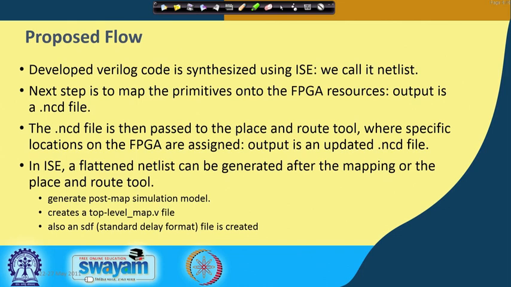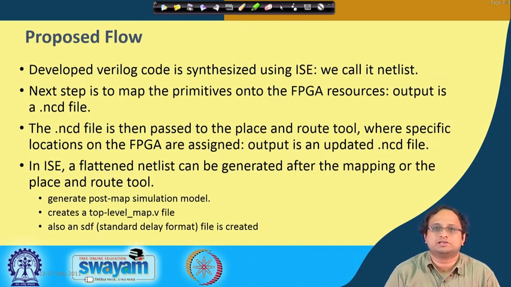The idea is that first we develop Verilog code for our design. We synthesize the Verilog code using the ISE tool, and after synthesis the Verilog gets translated into a form called the netlist. Next, we take the netlist and in the FPGA flow we map it into FPGA resources.